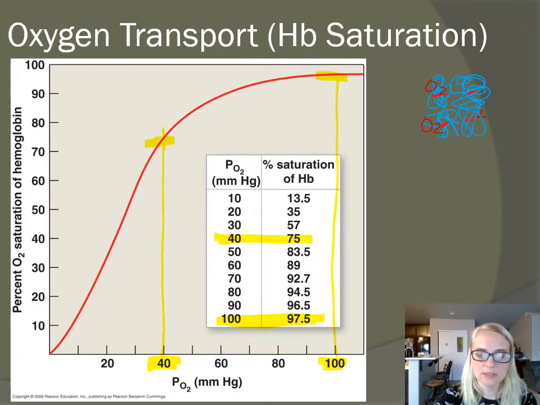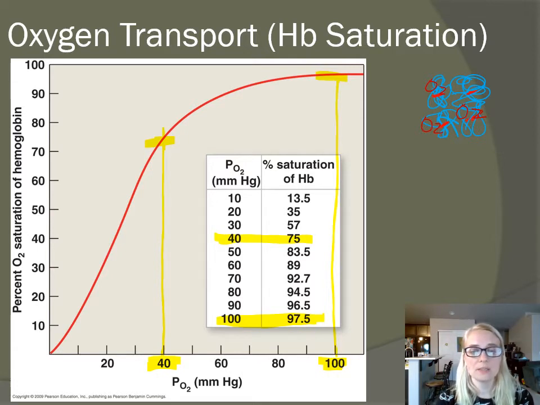I would still have 3 out of the 4 spots bound to oxygen, so 75% of my hemoglobin would be bound to oxygen. I'm losing 25% by the time I get to my tissues. Then that blood comes back to the heart, we go out to the lungs, and we pick up that remaining oxygen molecule to get us back up close to 100%.